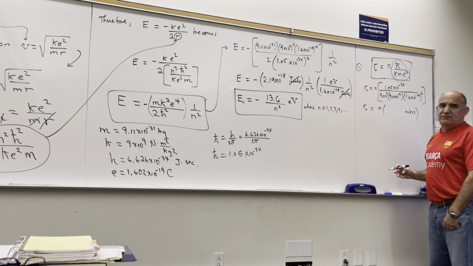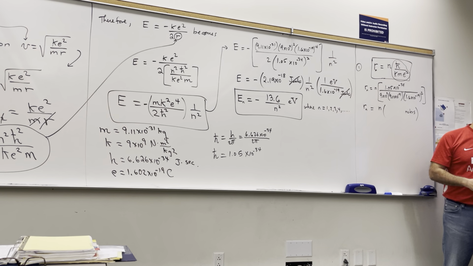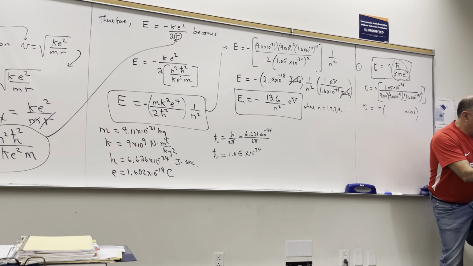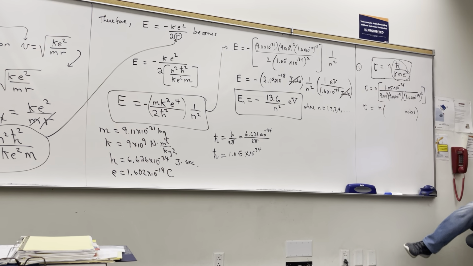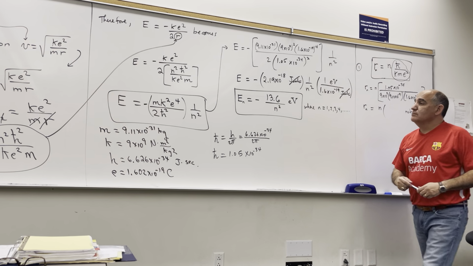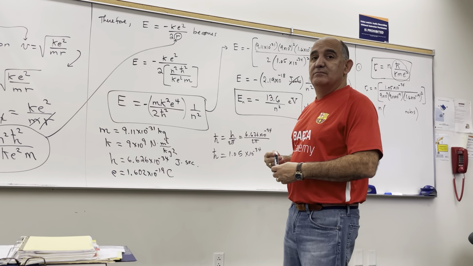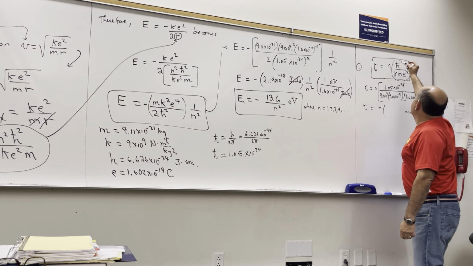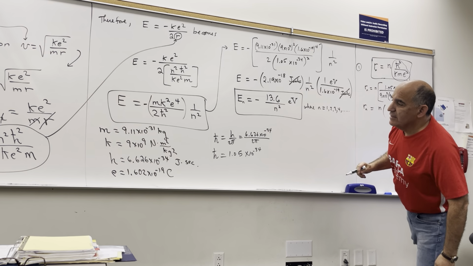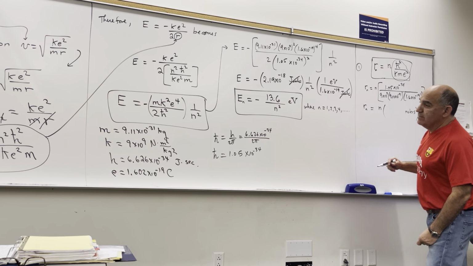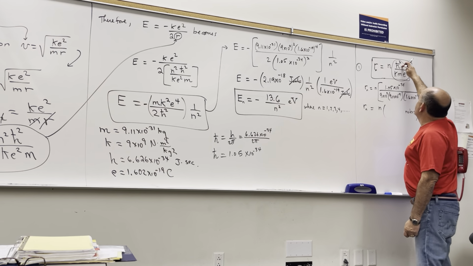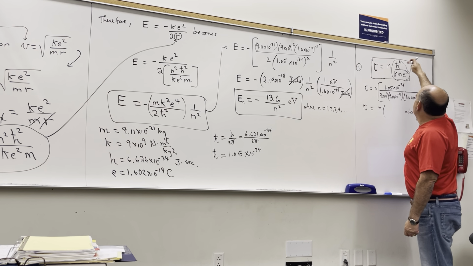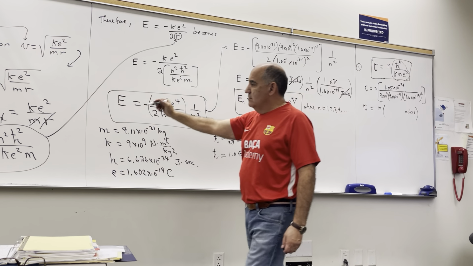So could you do that for me, please? Let's see what you get. h bar squared, k e squared m. n should be squared.